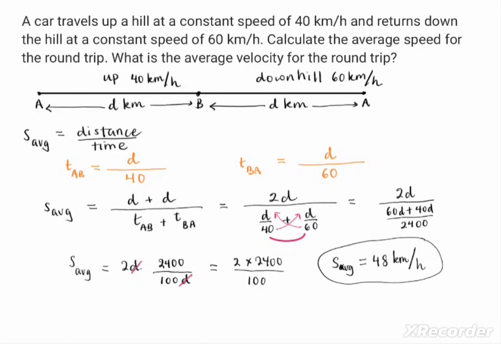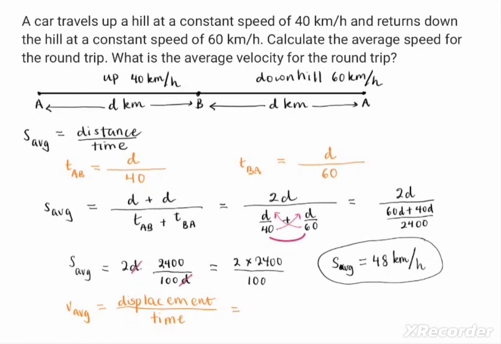The question is also asking what is the average velocity. So remember, average velocity is displacement over time. So how do we find displacement? We are going up a hill and then down a hill.